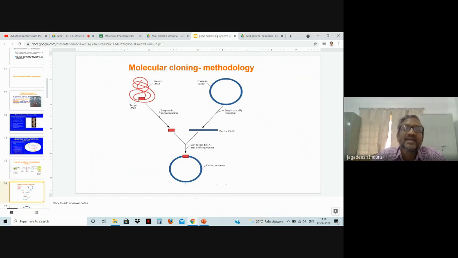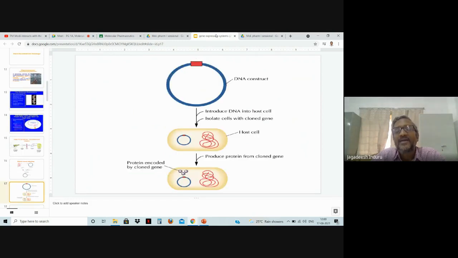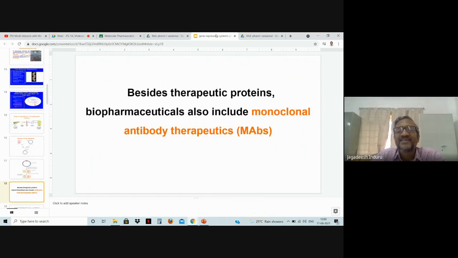We insert it into the plasmid, and that plasmid is inserted into the vector. That vector is grown, and we produce our protein from the cloned gene. So this is what rDNA technology is.